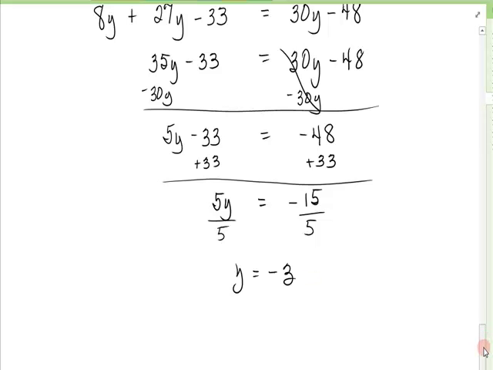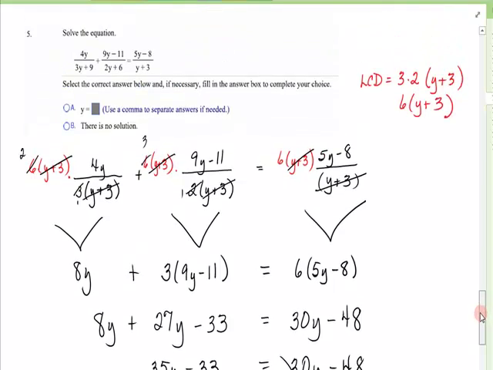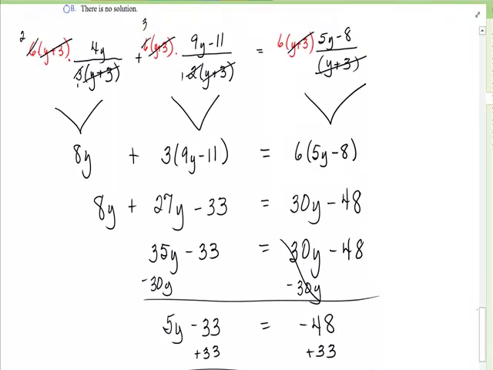That's a nice answer. Let's check it. It's easiest to check in the factored forms. If y is negative 3, what happens to this denominator? That becomes 0. That's a violation. That becomes 0. It's an additional violation.